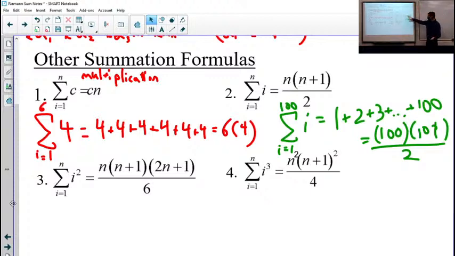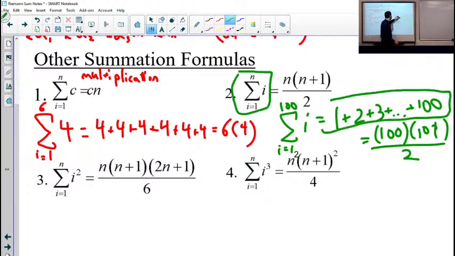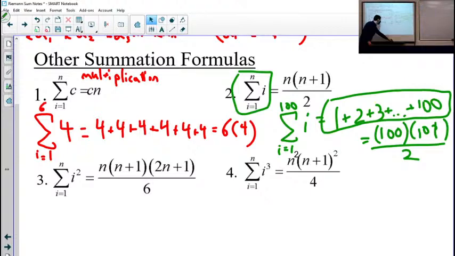But otherwise, this is not a formula by any means that you'll need to memorize or anything like that. But you should be able to take this and write it as this. That's what I want to make sure that you get out of today, and making sure that you can write.